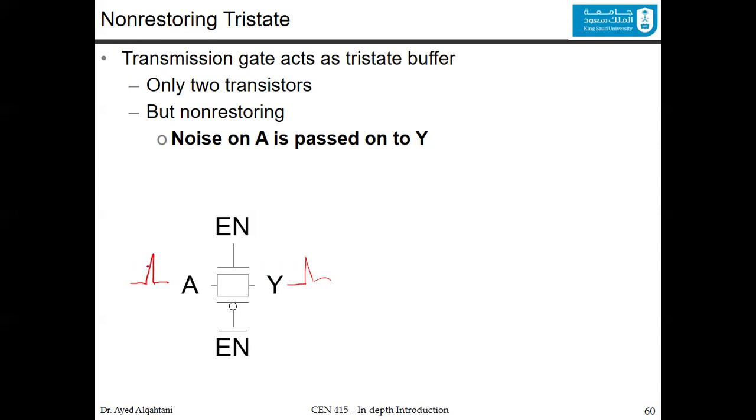So whatever noise you have in the input, it will pass, unfortunately, to the output. So it has only 2 transistors. The design is very simple, but it is non-restoring. So the noise on A is passed on to the Y.